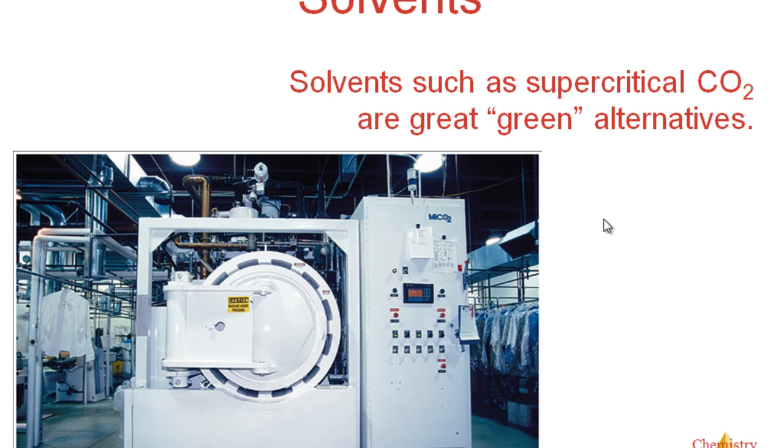So supercritical carbon dioxide and supercritical water are the two great green solvents. Water, of course, we don't have to worry about disposing of pure water. Now carbon dioxide, compared to the other organic industrial solvents, has a very low hazard level.